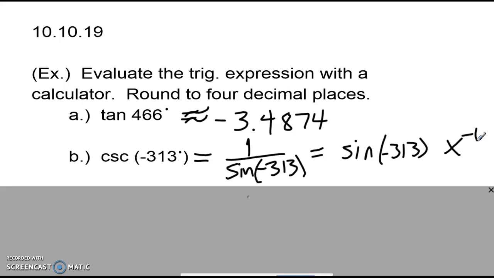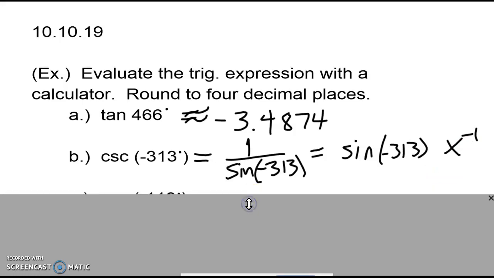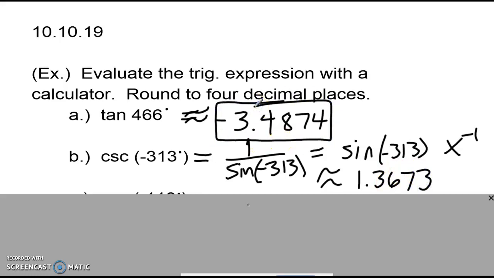I got 1.3673. Okay, so this is approximately 1 point, let's see if I have room. Okay, so there's our answer for the first question.